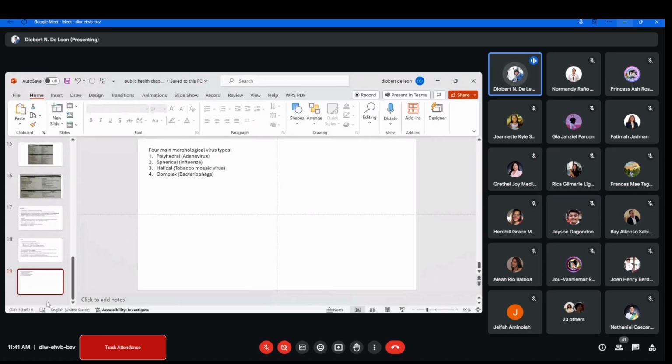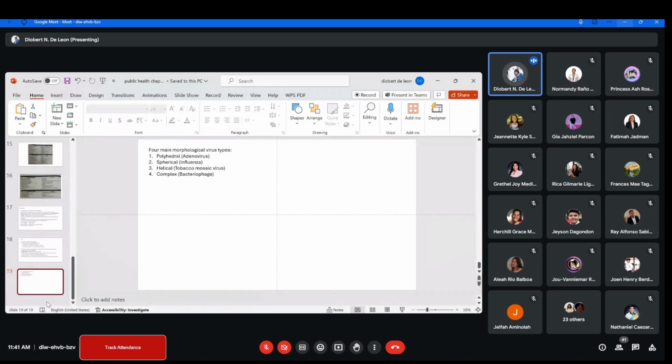Like for example, the dengue virus, that's actually a flavivirus, and it causes dengue. Another one is the chikungunya virus, for chikungunya disease. Schistosoma species, schistosomiasis. So please read them all.